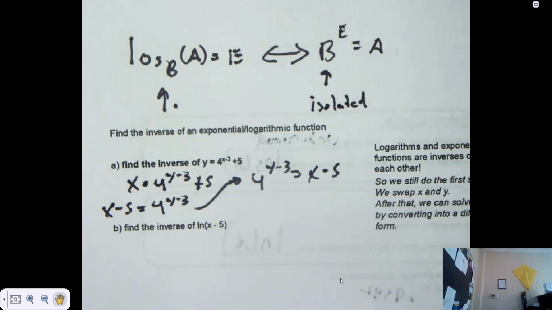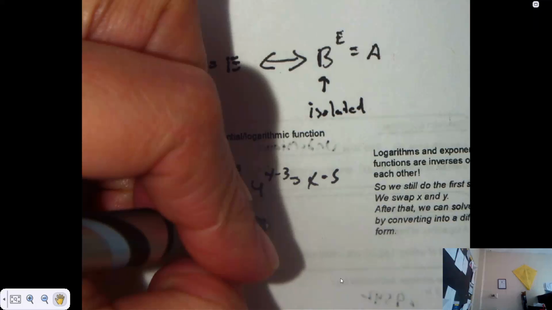What's your exponent? y minus 3. And what's the argument or the answer? Well, that's the equivalent logarithm. Logarithm base what? 4. Argument x minus 5 equal to y minus 3.